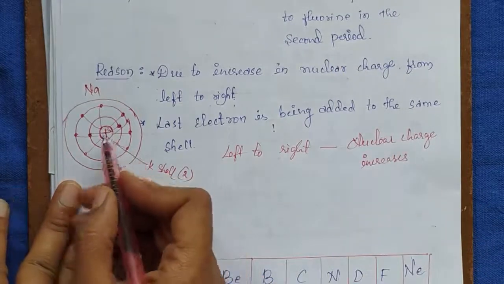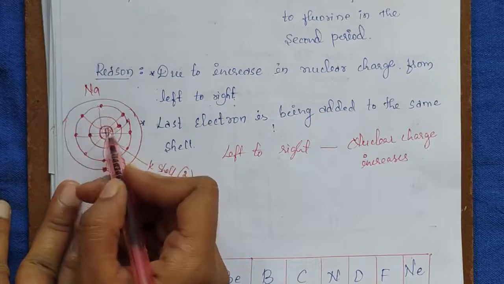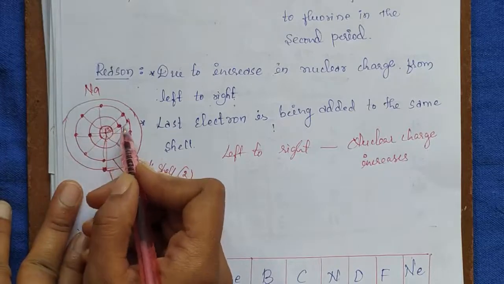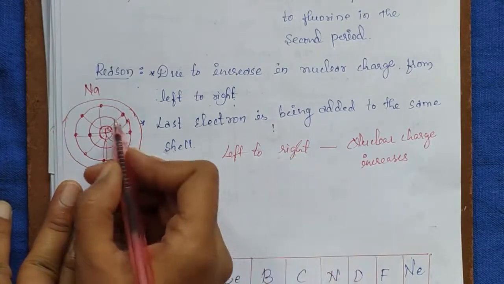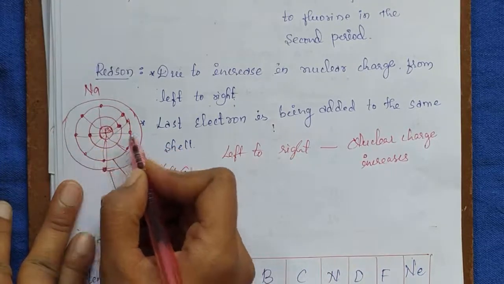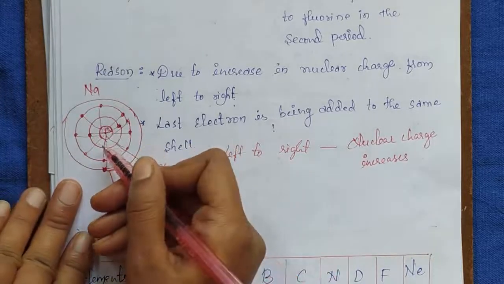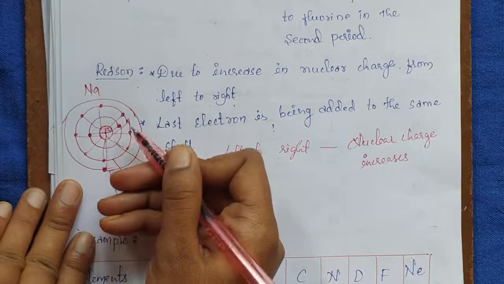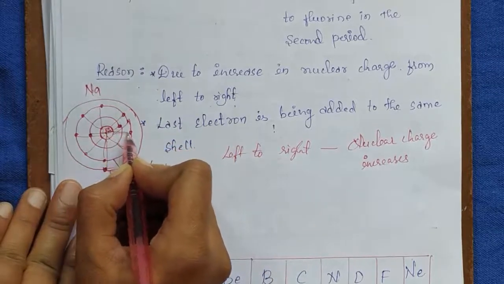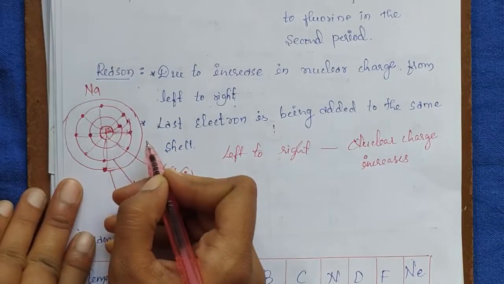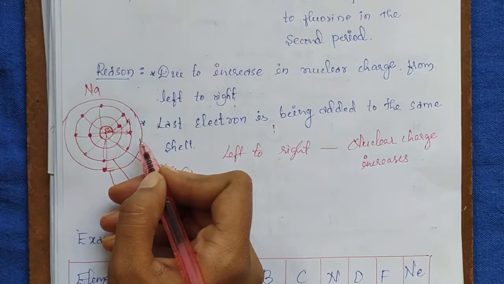That is, the attraction between this nucleus and the electrons increases as we move from left to right. As a result, these electrons which are present in the different shells are slightly pulled inward. When they are pulled inward, the distance between the nucleus and these electrons decreases. As a result, atomic size across a period decreases.